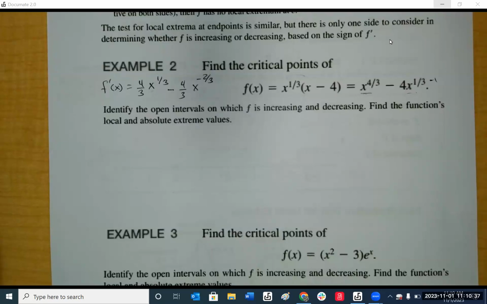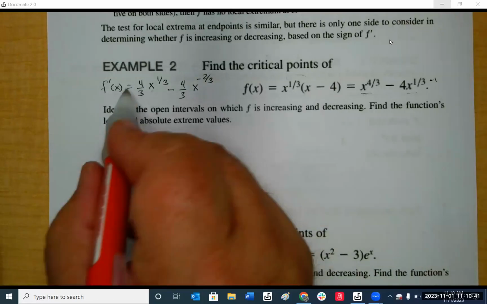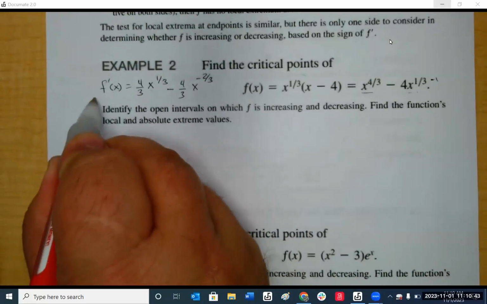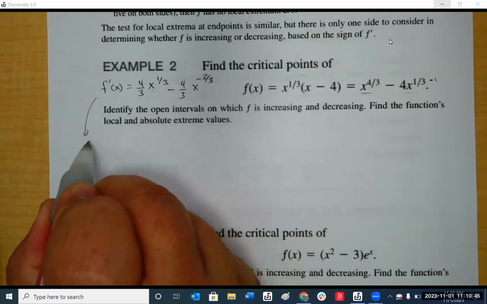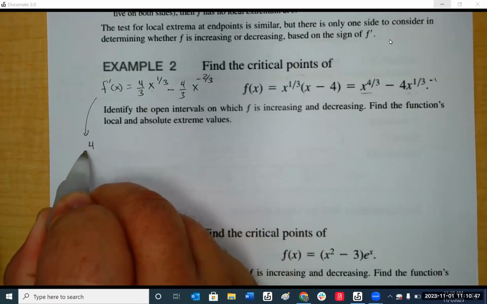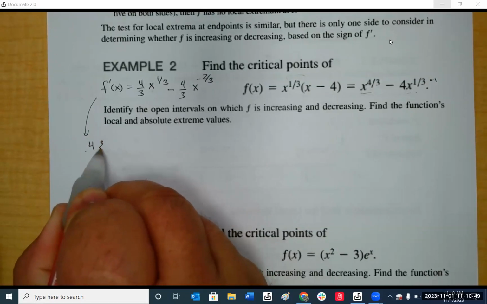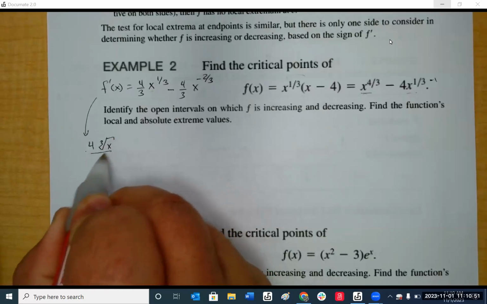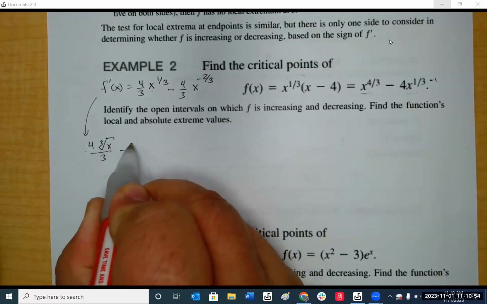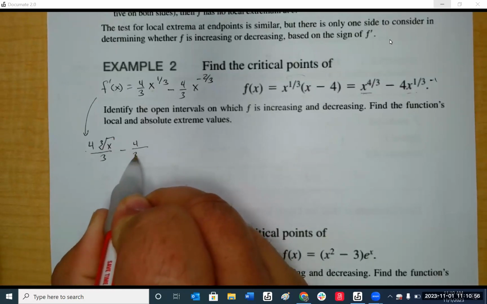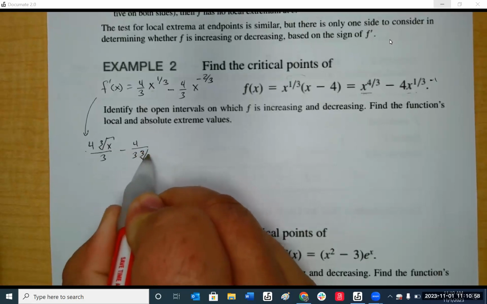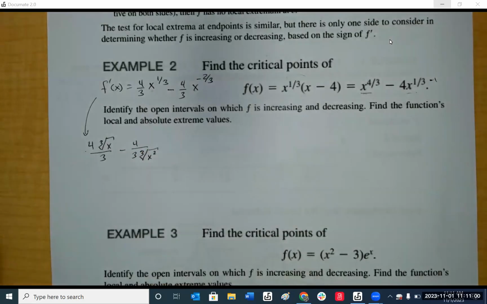So what do we do next? Let's see what they look like actually. We have 4/3 cube root of x minus 4/3 cube root of x squared.